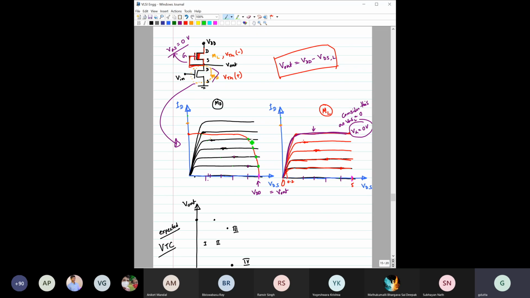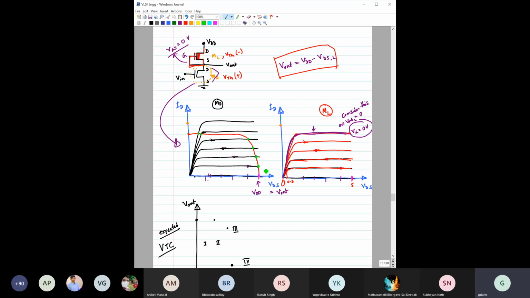After that, where will be the next intersection? It will be directly in the triode region. You can obviously see from here, unlike other cases, you remember the resistive load case, the change in output voltage was mostly linear.